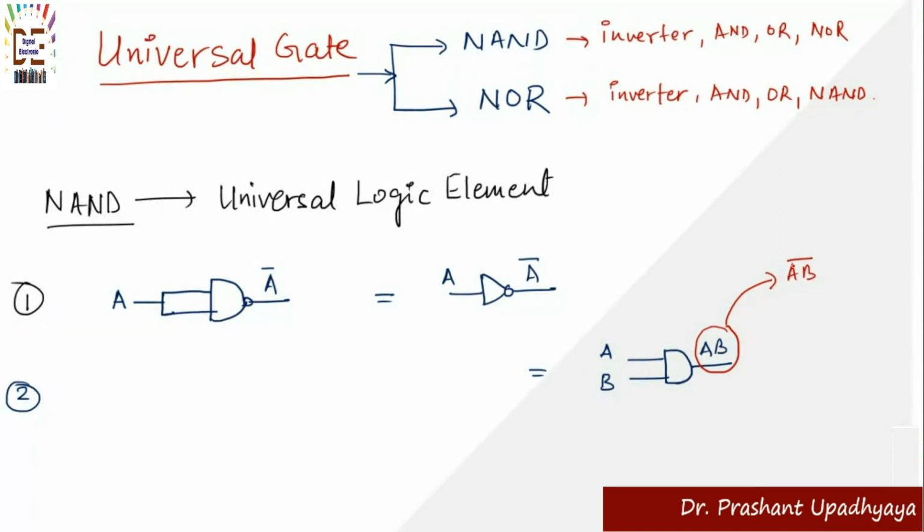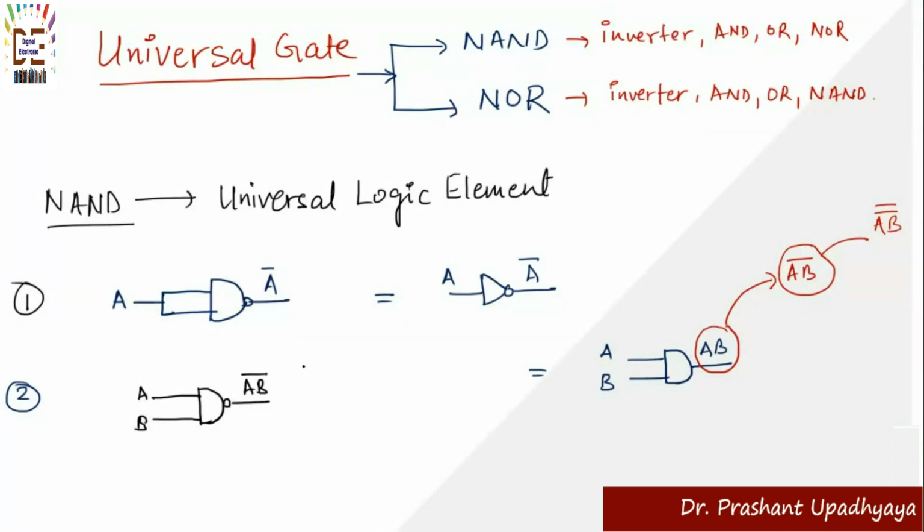And I want to remove this bar. So I have to make AB bar complement again. We cannot use the NOT gate, so just follow this instruction and you will see that we have this AB. This is my A and this is my B. What I am getting here is AB bar.